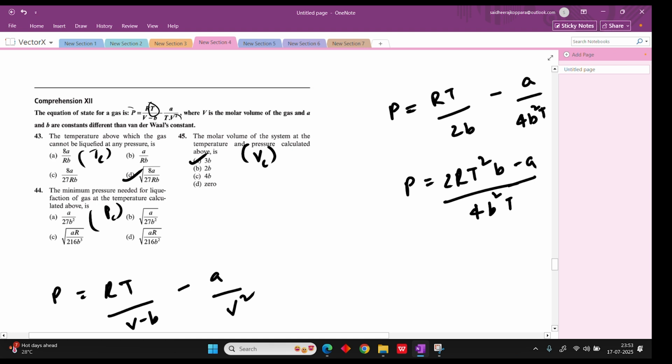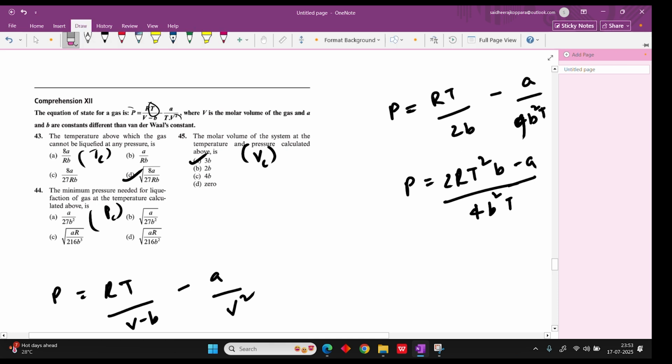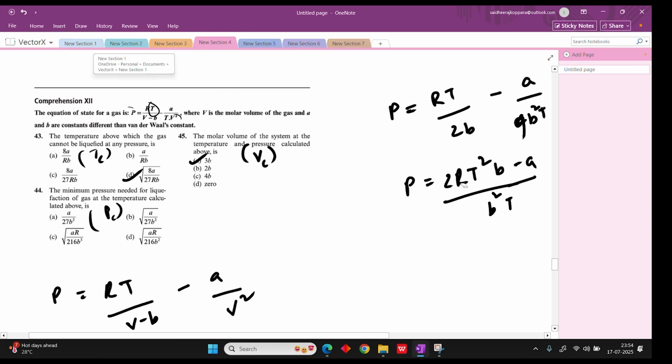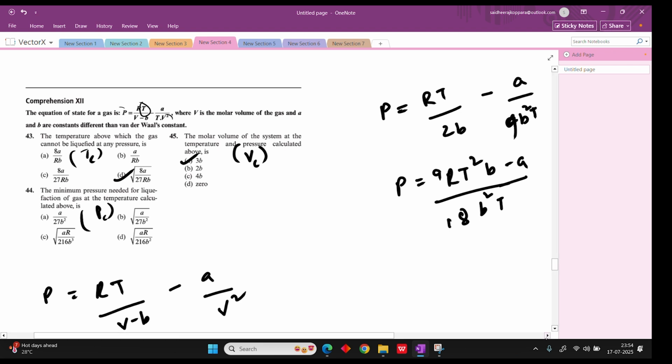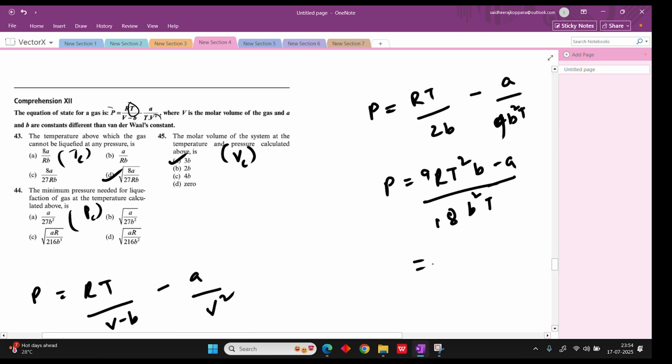Oh, sorry, this is 9B square. Okay. Then you are going to multiply and it's going to be 18, and it's going to be 9. So 9 RT square and it's 18B. Now I think you can happily solve this.